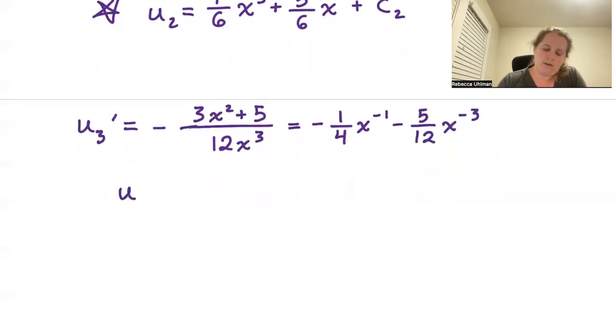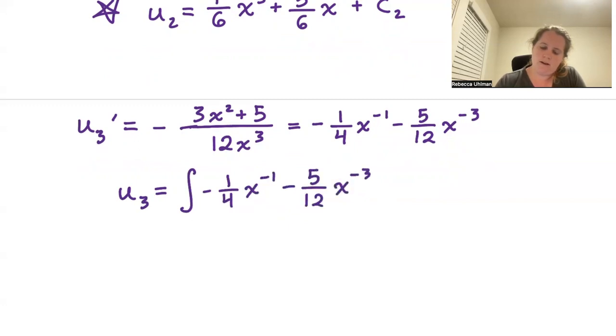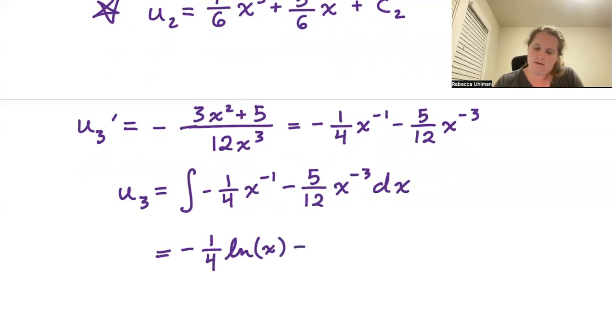Taking this integral, we get that u3 is equal to the integral of -1/4 x to the -1 minus 5/12 x to the -3 dx. And this is, of course, -1/4 times the natural log of x plus 5 over 24 x to the -2 plus c3.